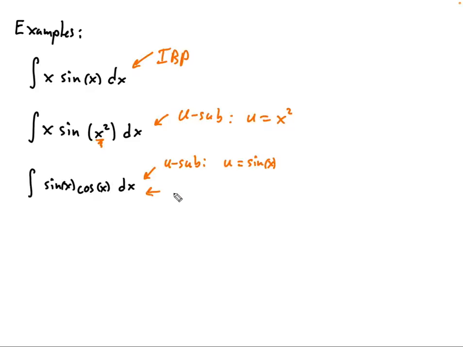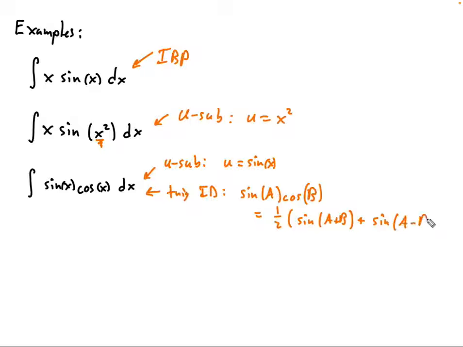There's a relevant trig identity, which is whenever we have sine of a times cosine of b, whatever a and b are, this is equal to 1/2 times sine of a plus b plus sine of a minus b.